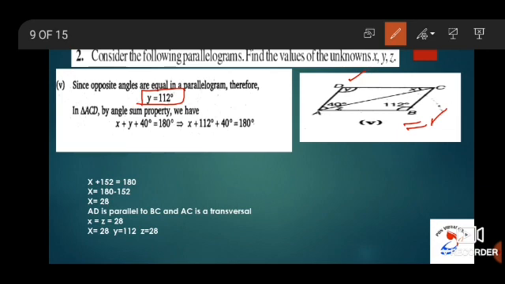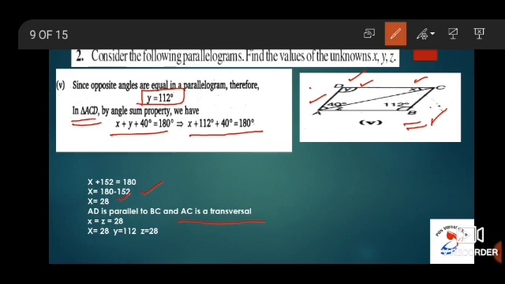Now, let us consider triangle ACD. In triangle ACD, let us apply the angle sum property. So, x plus y plus 40 is equal to 180. So, x plus 112 plus 40 is equal to 180. The value for x is 180 minus 152, that is equal to 28 degrees. Here, AD is parallel to BC and AC is a transversal.